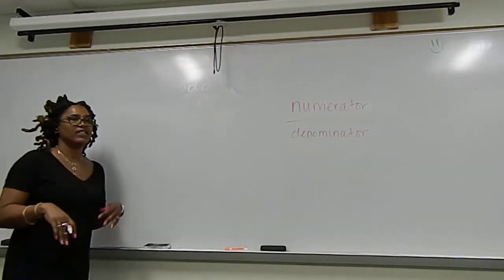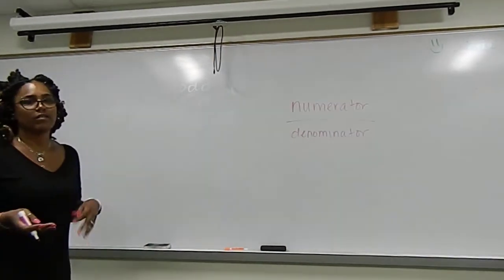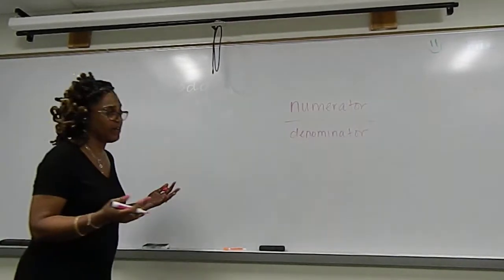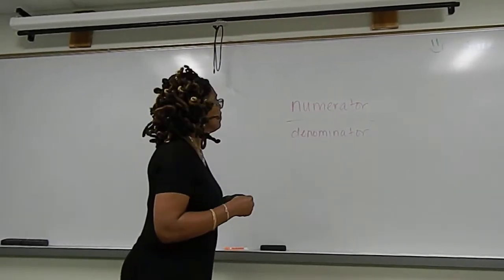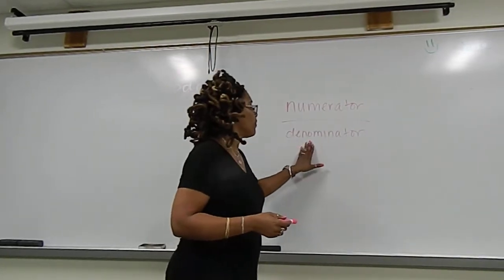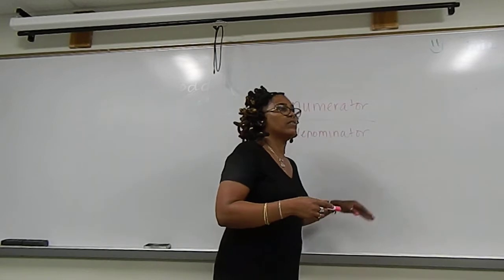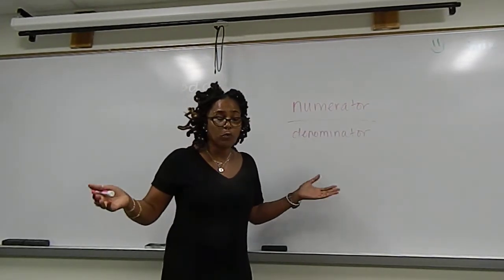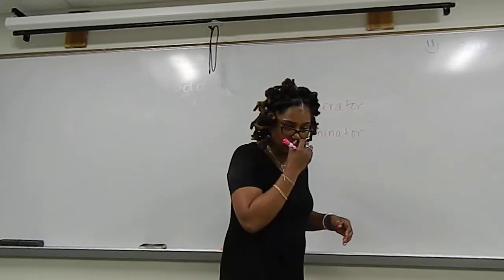I remembered that the denominator goes down, like it goes down in the DM, but right now it goes down in the denominator in a fraction. Remember, your denominator represents how many pieces it takes to make the whole part, okay? So that's what that is.